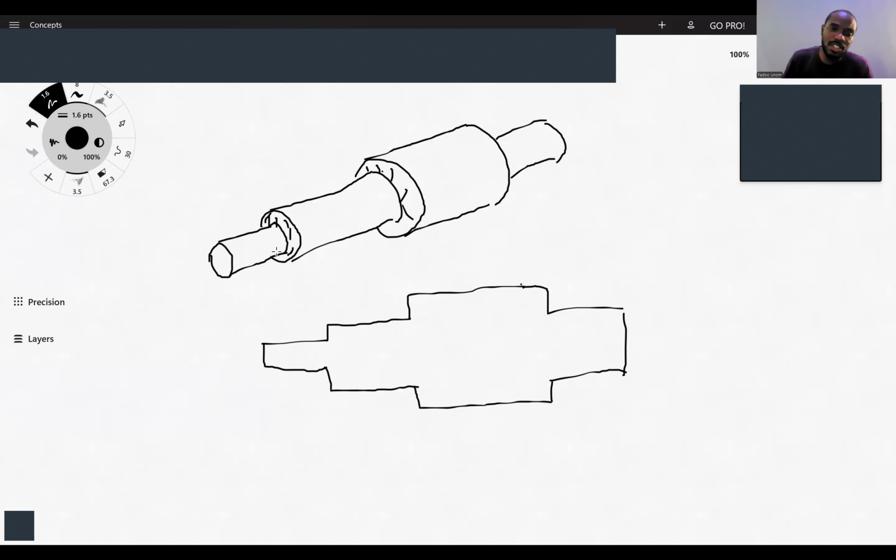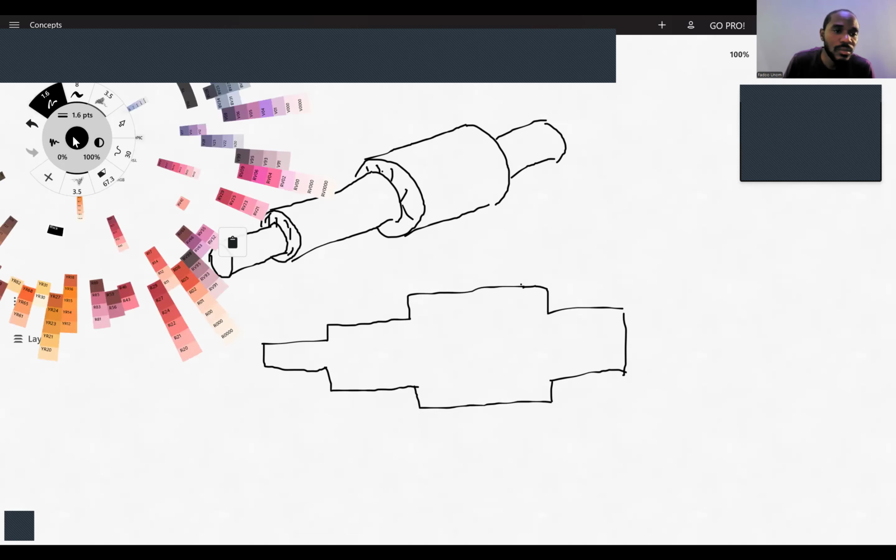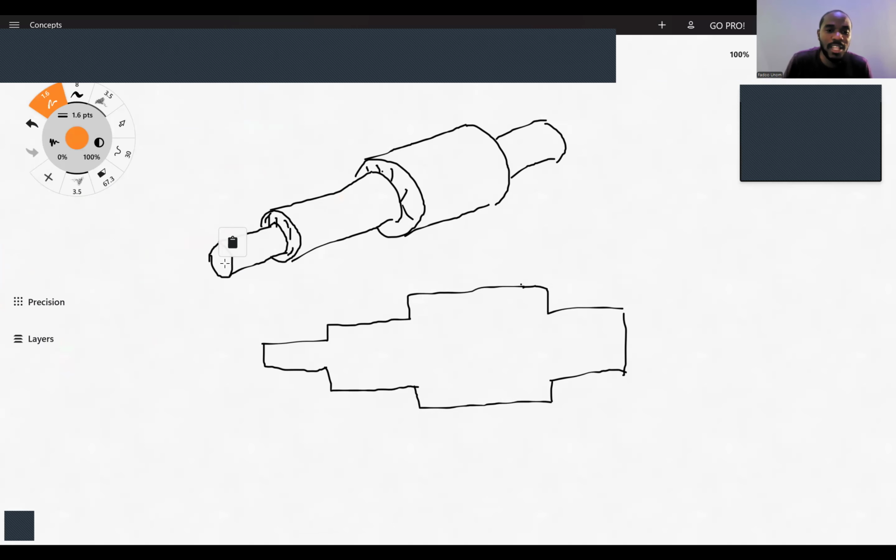So in this shaft, please follow me very carefully. If we start from this point and we journey along the length of the shaft, we call that direction an axial direction. So anytime you hear us saying axially, we are saying along the length of the shaft.